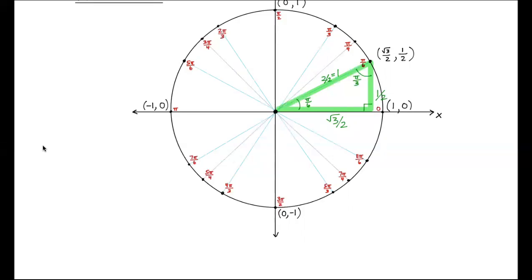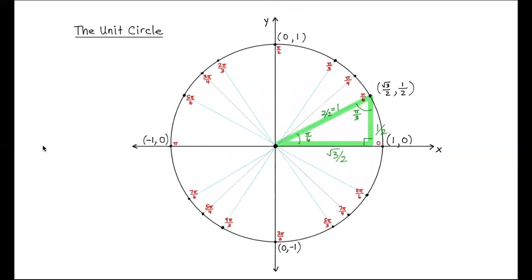Now, those numbers may or may not look familiar to you, but there's actually an interesting relationship going on here. Remember that if I want to work out the sine of an angle, I would do the opposite side over the hypotenuse side, opposite over hypotenuse. And in this case, the opposite side, this side here, is the y coordinate.